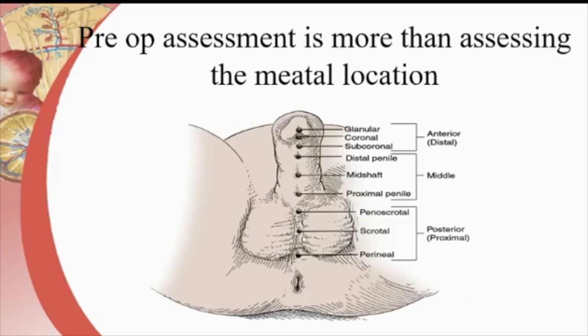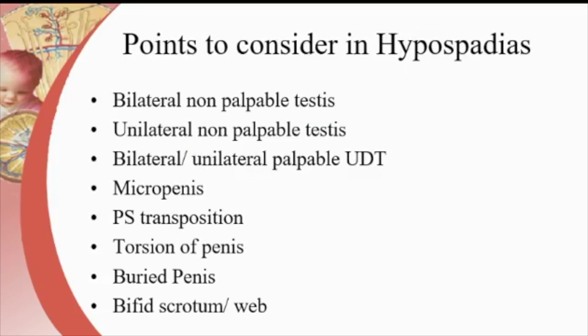And it is not rocket science to just say where the opening is, but we need to look at many other things. There are certain points to consider in hypospadias. One is bilateral palpable testis.